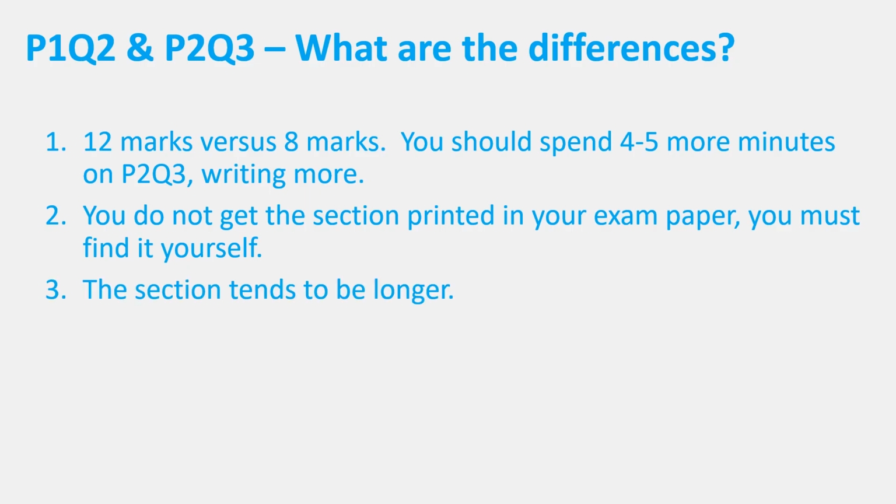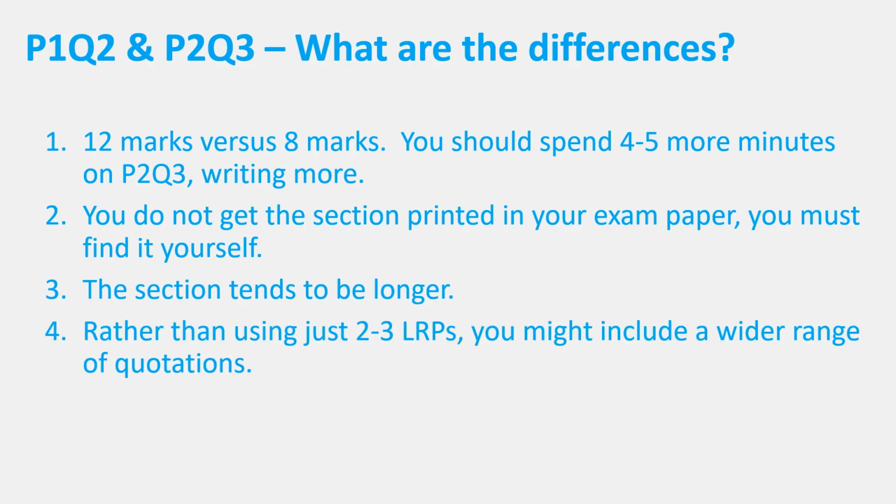The section also tends to be longer. You've got more time, you're expected to write a bit more, you're given a bit more to write it on. Now, the approach that we taught you for paper 1 question 2 was to find language-rich phrases. That sometimes works fine on paper 2, but what we've tended to notice is that sometimes you might want to use a wider range of quotations.